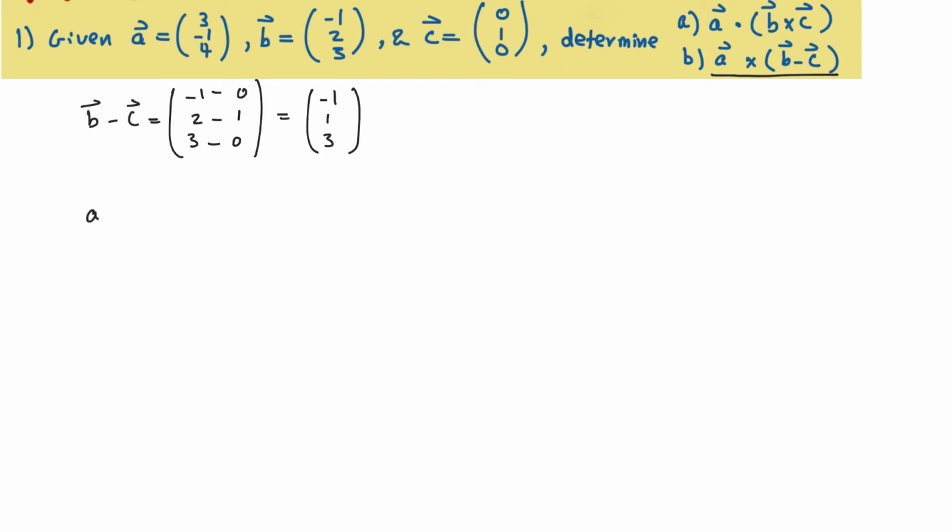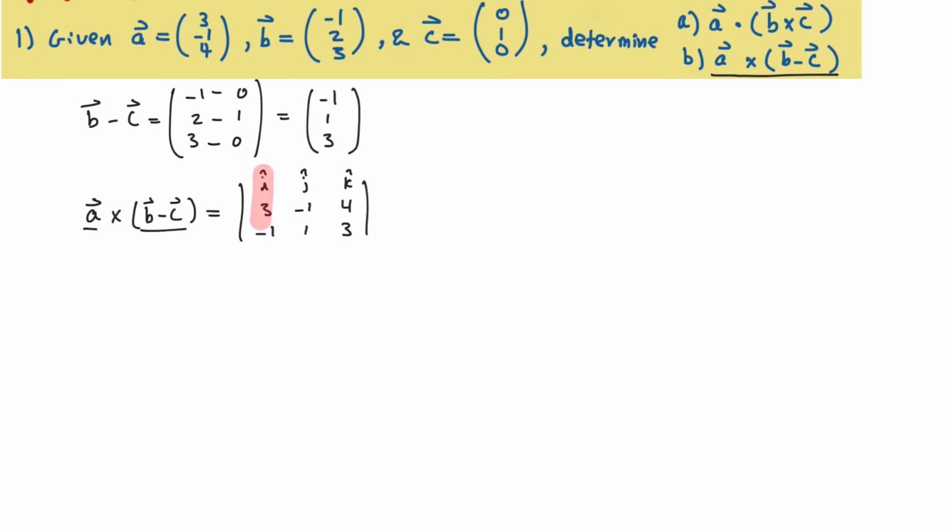We now want the cross product of A and B minus C. So we will set up our system here. We got I, J, and K. And we will do vector A, which has components 3, negative 1, and 4, and vector B minus C, which has components negative 1, 1, and 3.